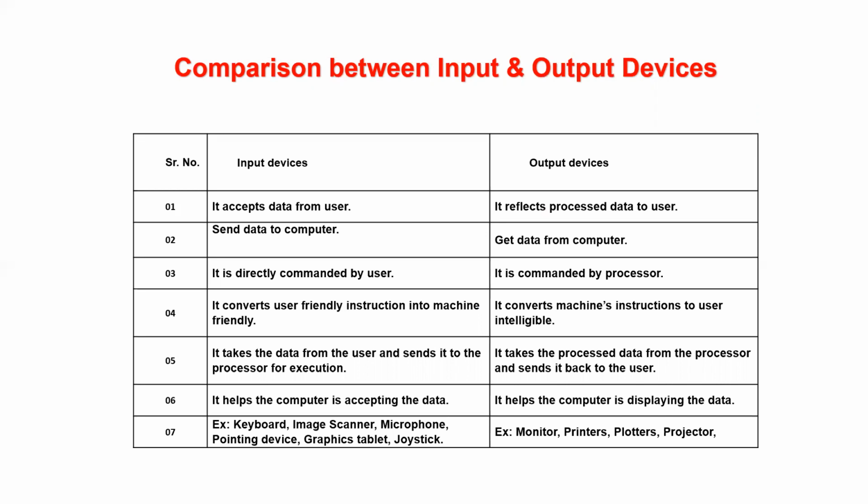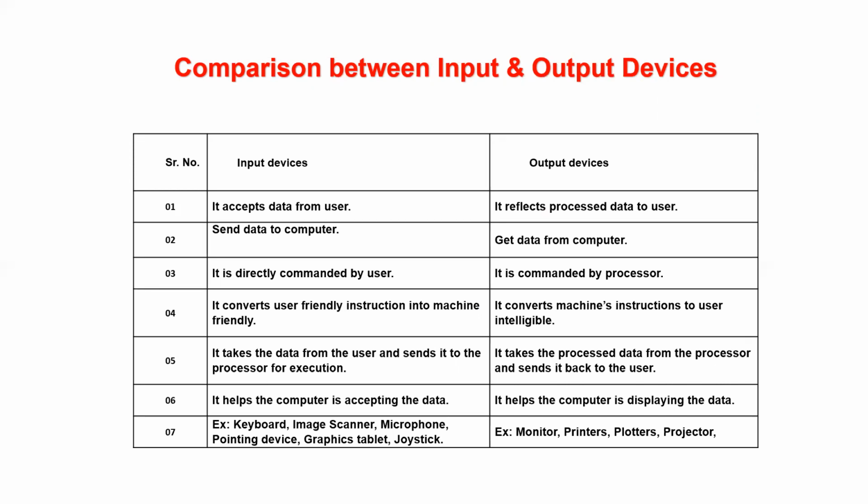The third point, input devices are directly commanded by the user, while output devices are commanded by the processor of the computer. Input devices convert user-friendly instructions into machine language for the computer, whereas output devices convert the machine instructions to user intelligible language.